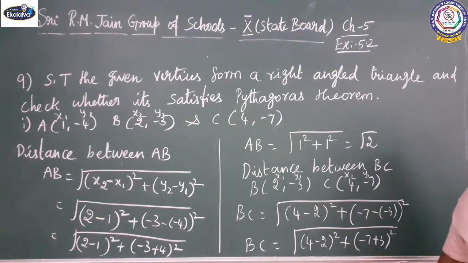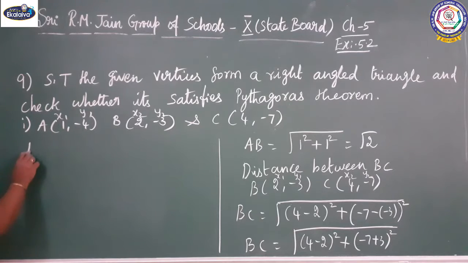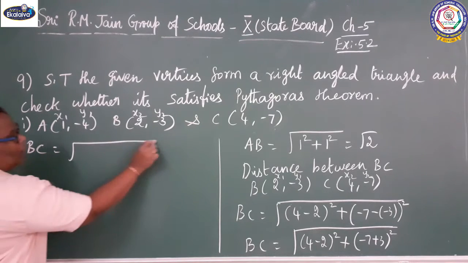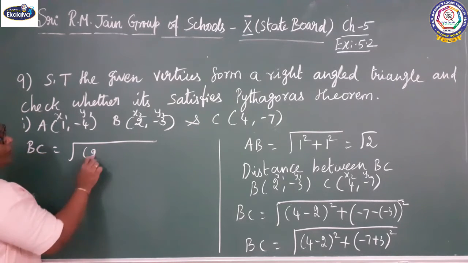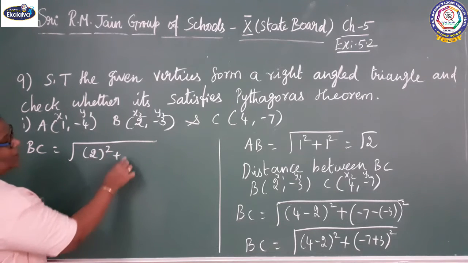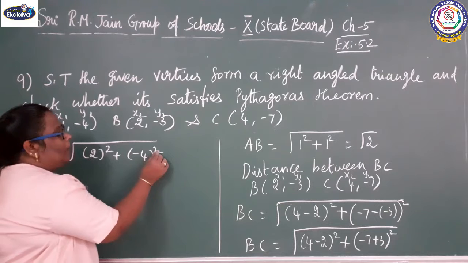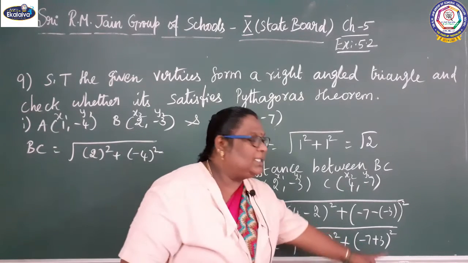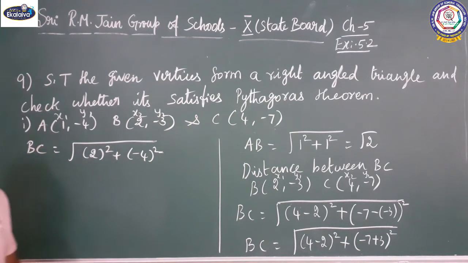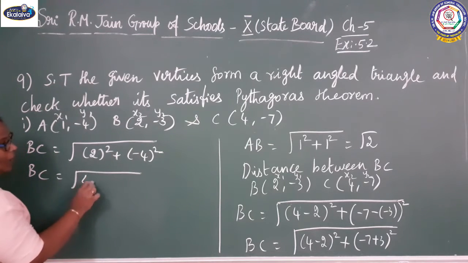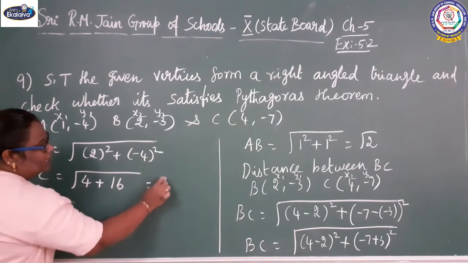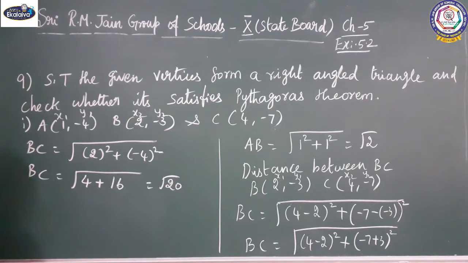So BC equals root of 2 square plus minus 4 the whole square, since minus 7 plus 3 equals minus 4. So BC equals root of 4 plus 16. It gives root 20.